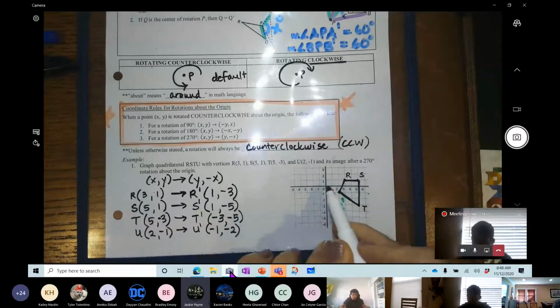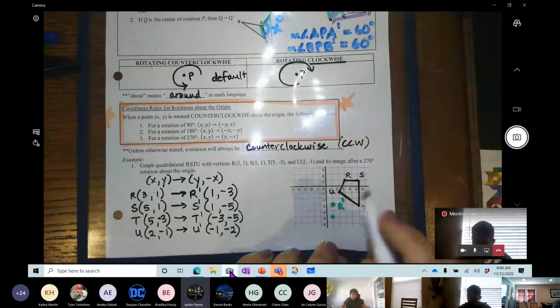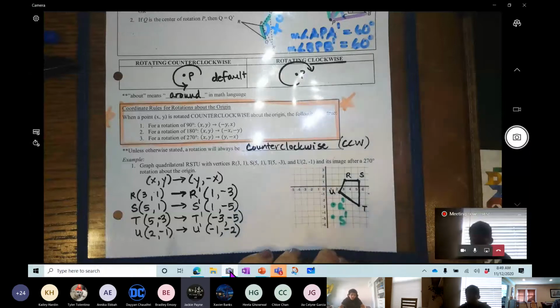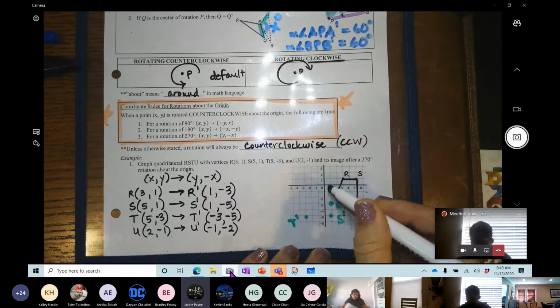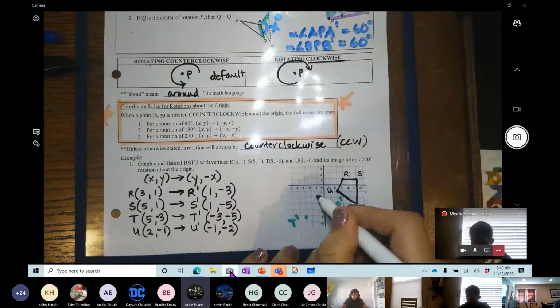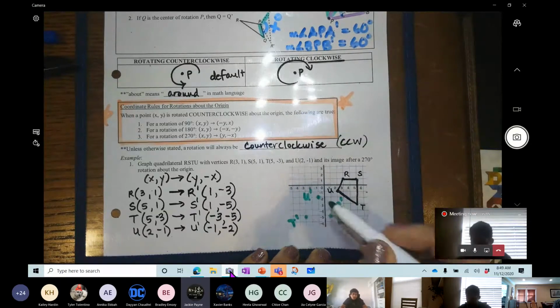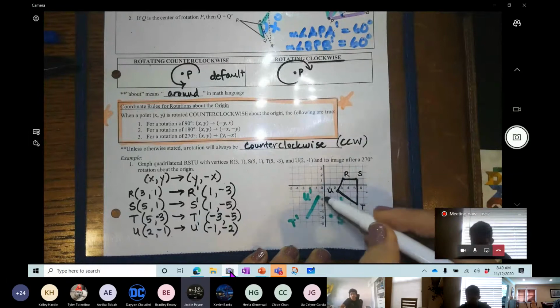S prime is (1, -5). That's why I was telling you, get your colors out. This will be helpful. Okay, (-3, -5) is here. That's going to be T prime, and U prime is (-1, -2). And then I can connect my dots. R, S, T, U.